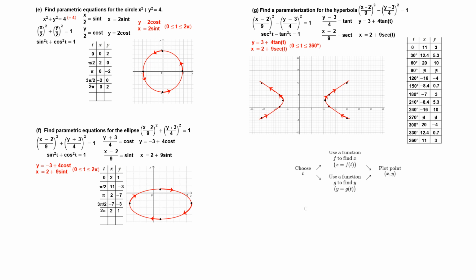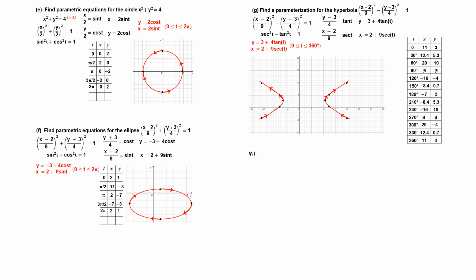Now I will show you how to make the reverse process and obtain rectangular equations from parametric equations. This is helpful because sometimes it's easier to visualize a curve in rectangular coordinates than parametric equations.